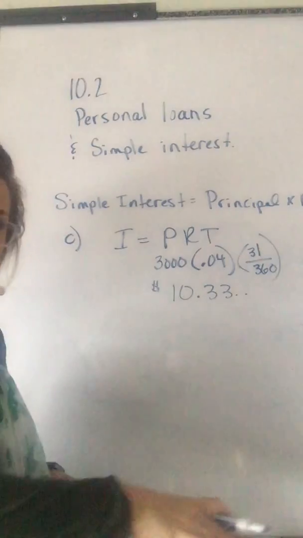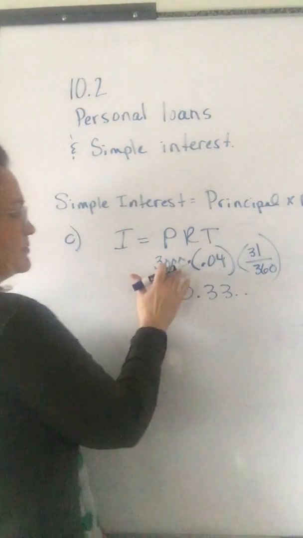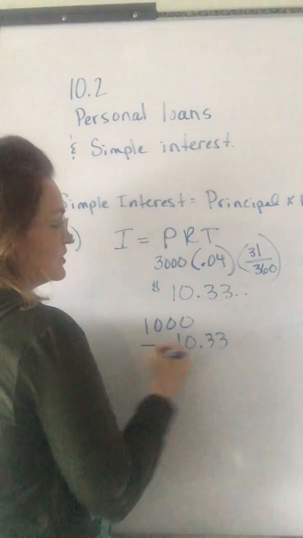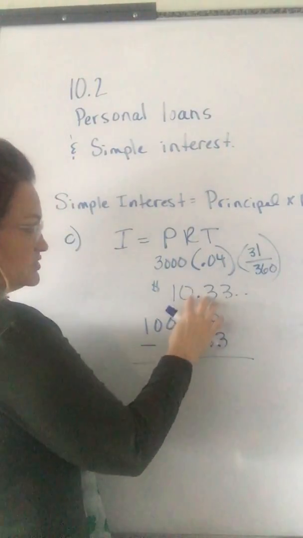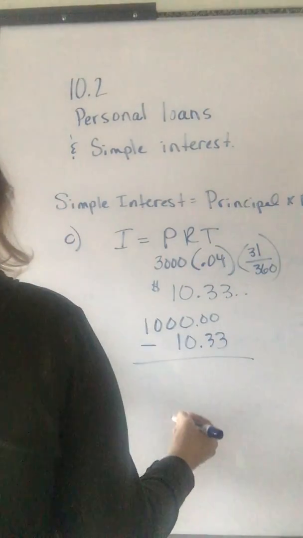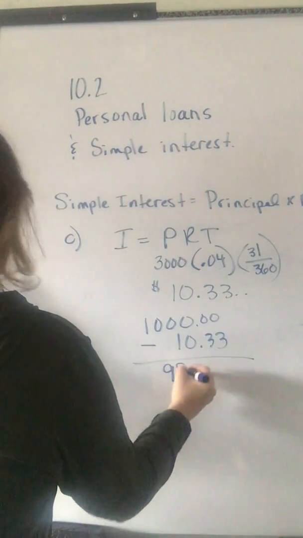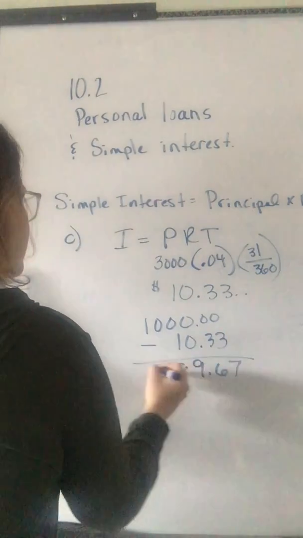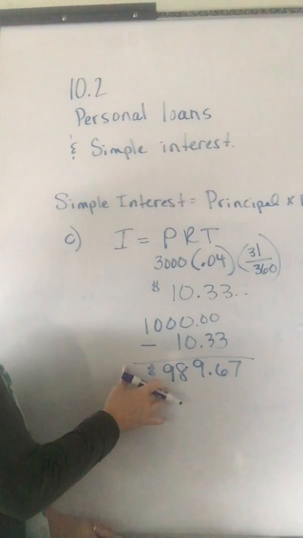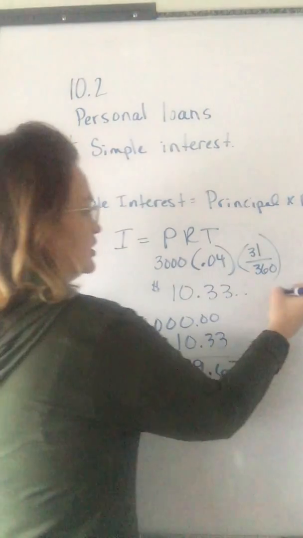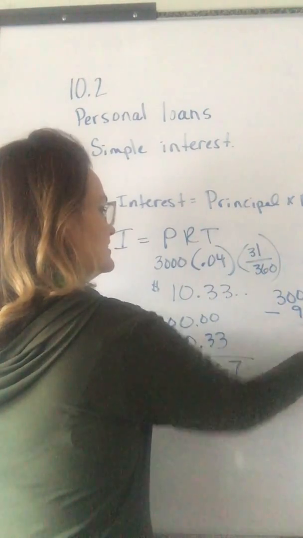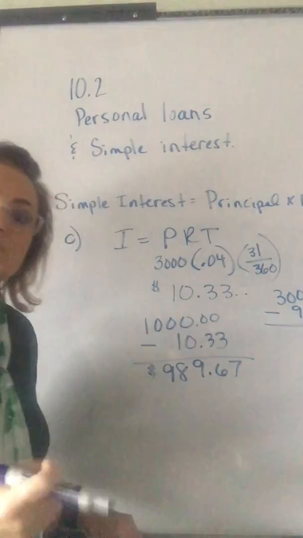So remember, we're going to throw $1,000 down on that. We're going to pay down $1,000 and work that principal down. But of that $1,000, $10.33 of it was interest. So you have to pay the interest you accrued for that one month. So we subtract off our interest, and that means we actually only get credit for $989.67. But that's still pretty good, right? So now our $3,000 loan, we subtract off our payment of $989.67, and we work that principal down a little bit.